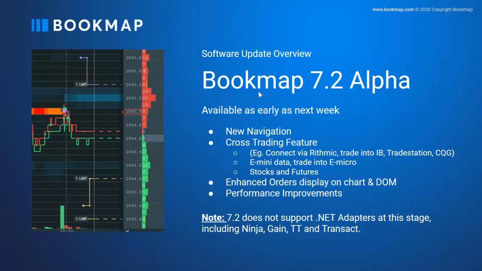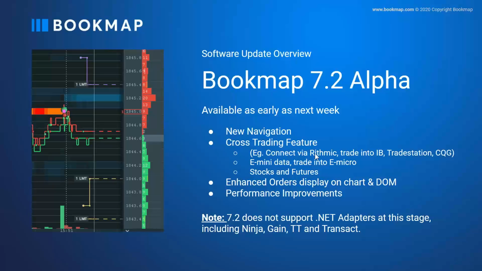So let's get into some of the new features here with the Bookmap 7.2 alpha version. Okay, so this is going to be available as early as next week. One of the new features is new navigation, and then this cross-trading feature that I mentioned here.